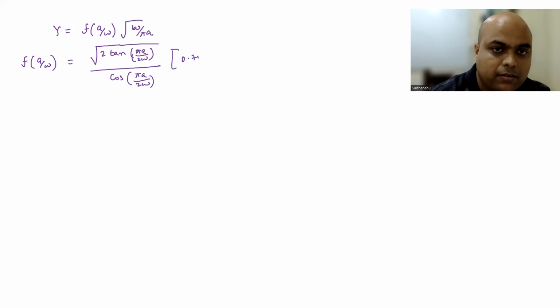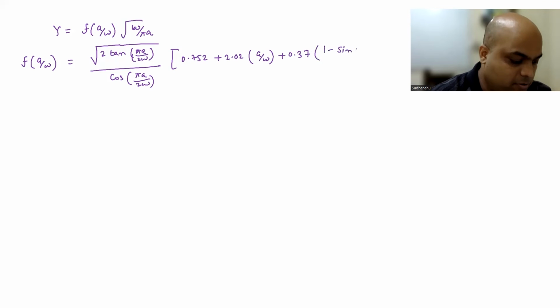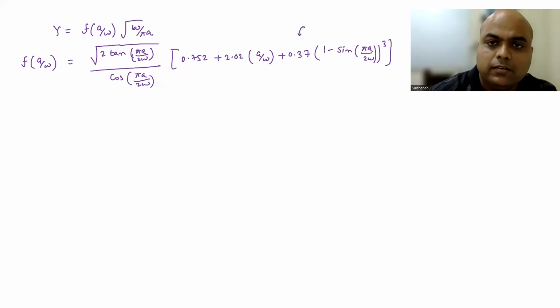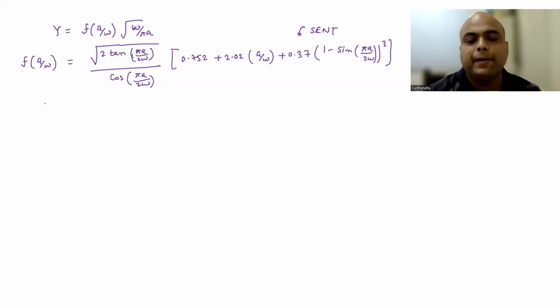0.752, 2.02, a/W, plus 0.37 into 1 minus sine of pi a by 2W whole cube. So this is for SENT. Now, let's say we place a limit of a by W tending to 0, so it is like semi-infinite.